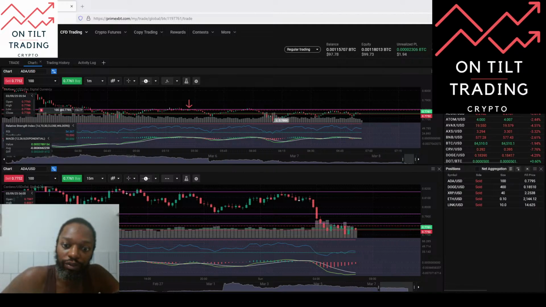So this pivot point is R3. As I mentioned, I was watching Cardano and the rest of the currency pairs for this particular trade right here. This R3 to S3 traverse, but I missed that.